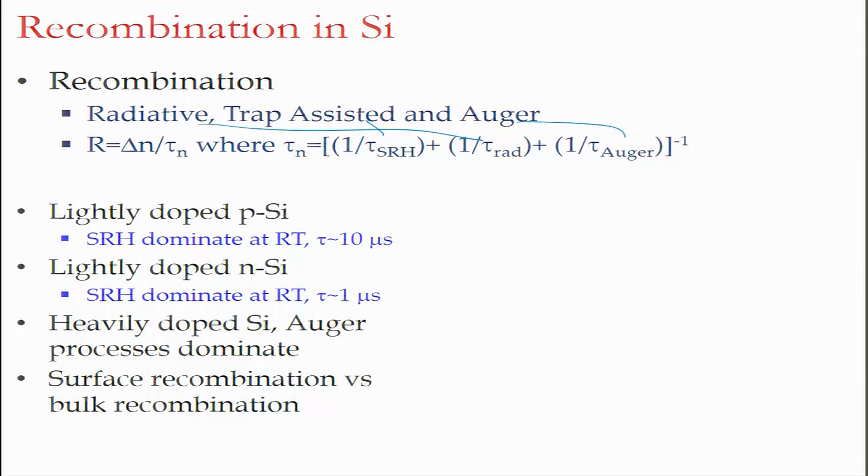In lightly doped P silicon, Shockley-Read-Hall generally dominates at room temperature, and it has a lifetime of about 10 microseconds. Lightly doped N silicon has a lifetime of 1 microsecond, and again it has Shockley-Read-Hall domination. So, since in N silicon the lifetime is lower compared to P silicon, the N side of the solar cell is kept thinner and the P side is kept thicker.